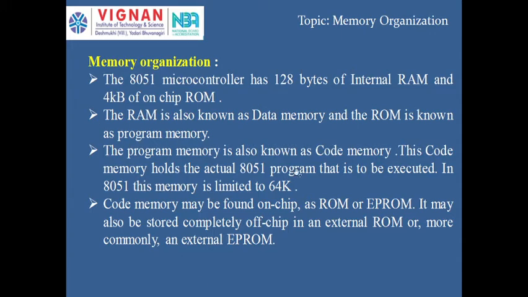Generally RAM is used for storing the data, that's why it is called data memory. ROM is used to store the code, therefore it is called code memory or program memory. This holds the actual programs that are to be executed, and this program memory is limited to 64K.